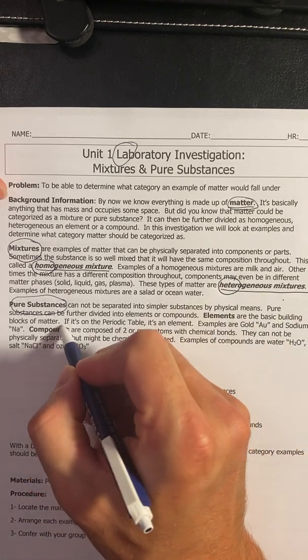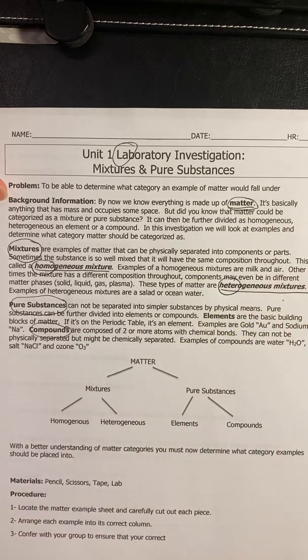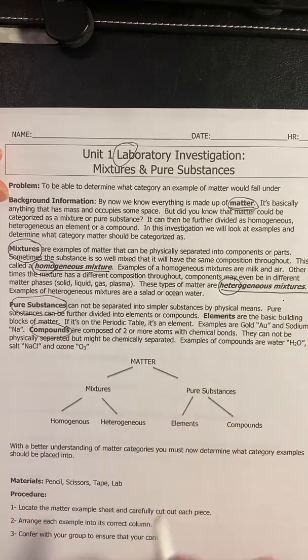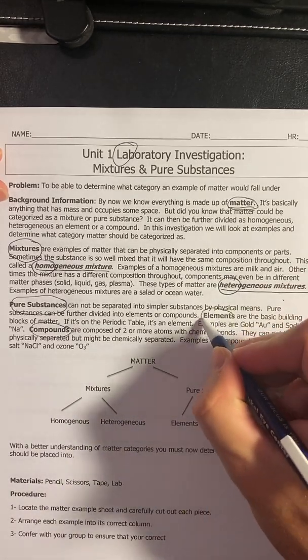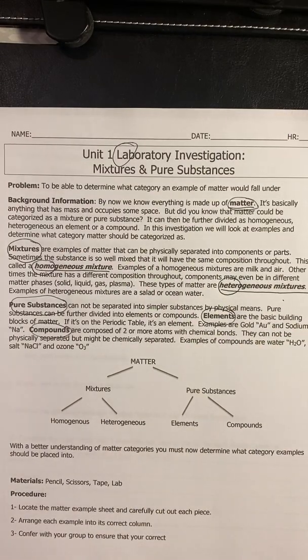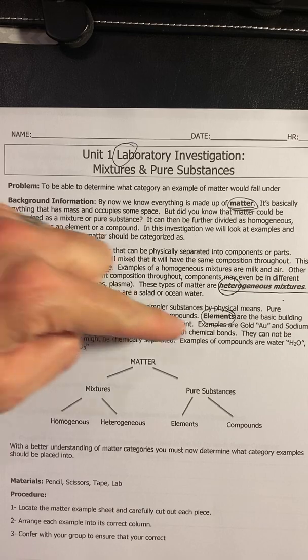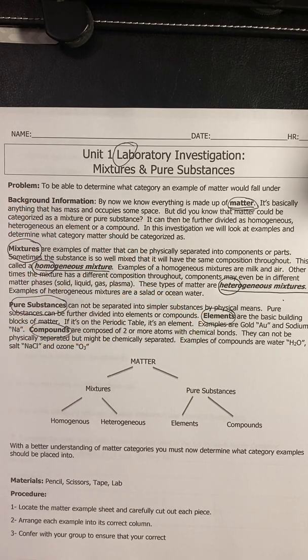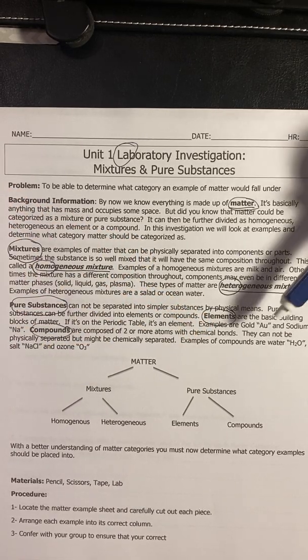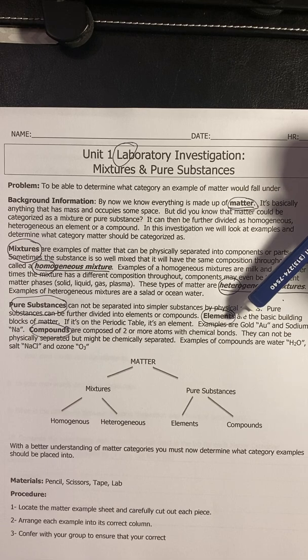Now, compounds, you might be able to chemically separate. If you've got an element, you could break it down to just one atom. So a pure substance is either going to be an element or a compound. The easiest way, I think, is if it's found on the periodic table of elements, then it is an element.